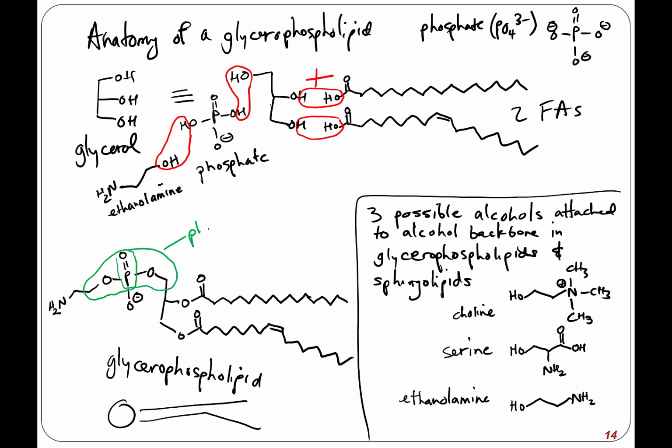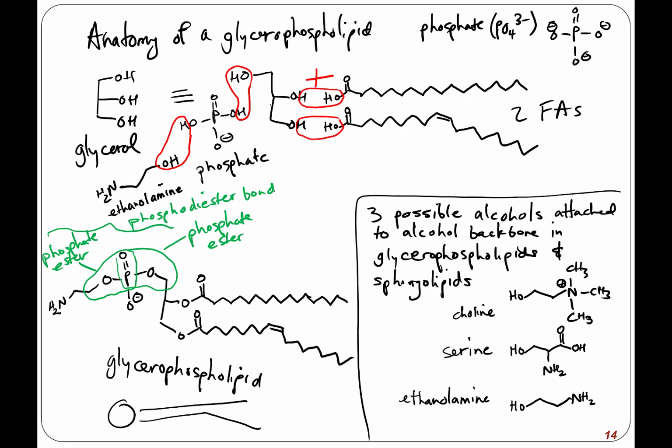So I'm going to write phosphate ester and another phosphate ester. And the whole thing is technically called a phosphodiester bond, because there are two of them, diester bond.